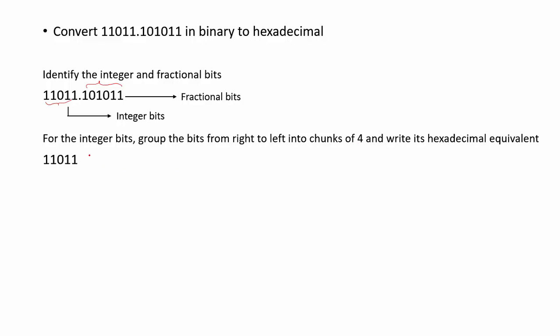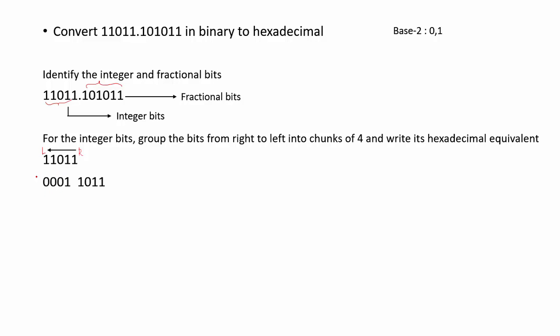So these are the integer bits, 11011. The arrow indicates that you are moving from right to left, and from right to left you have to group them into chunks of 4. So 1101 would be one group, and this one, which is padded with 3 zeros, would be the second group.